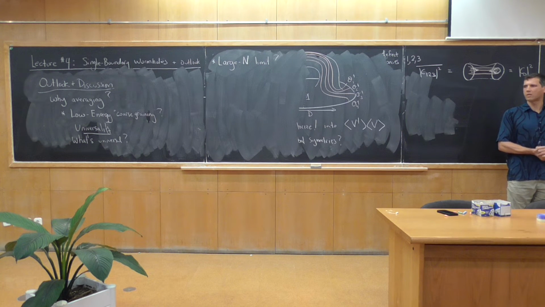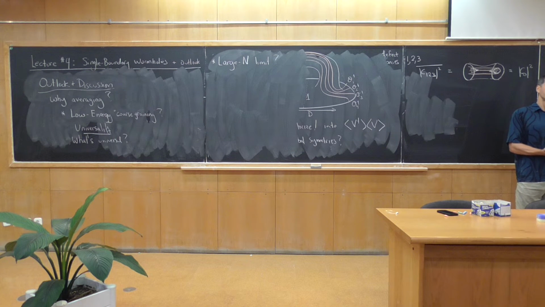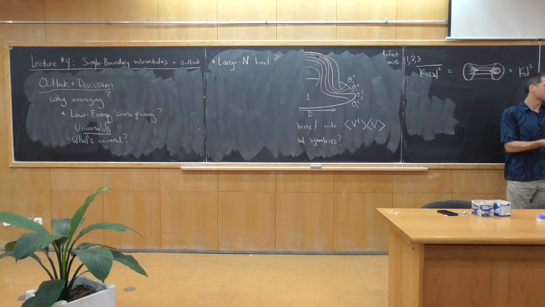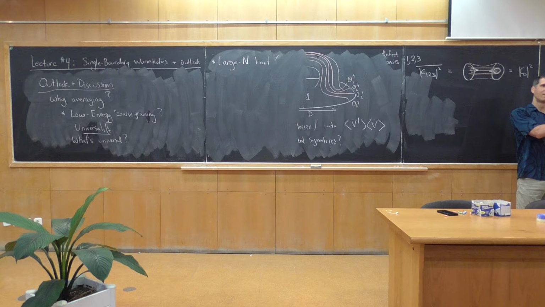When you take the large N limit of gauge theory, if you think about low energy states, then it makes sense to choose a particular light state, and as you take the large N limit, that state retains its label.